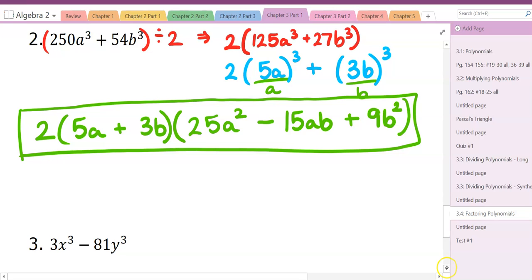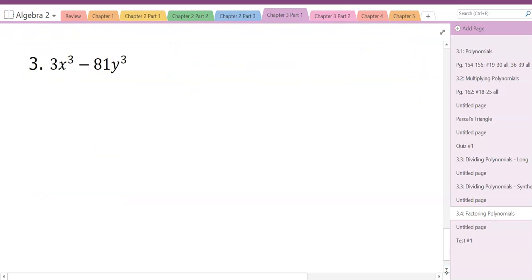This is the last one. So I've got 3x to the third minus 81y to the third. So again, if we try to do the cube roots, like if you try to think, what's a number to the third power? What's a number times itself 3 times that would get me a 3? Nothing. There isn't one. Okay?